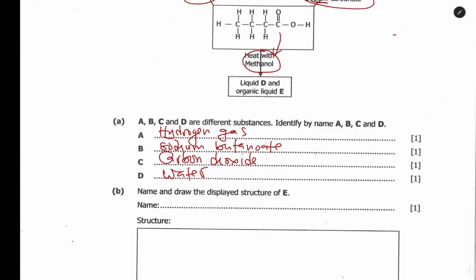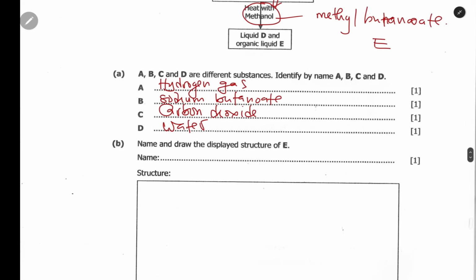So D is water because it's a liquid D. Then organic liquid E. Organic liquid E is an ester. And what is the name of the ester? This is butanoic acid. This is methanol. So it's methyl butanoate. I guess we'll find the question where we have to answer this one. So that is how we answer the first question.